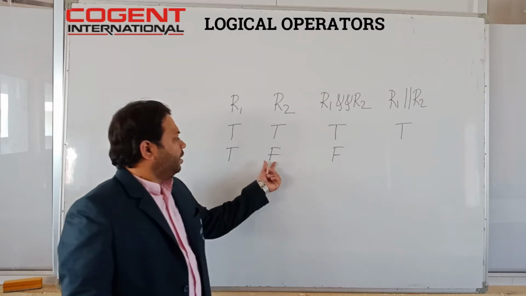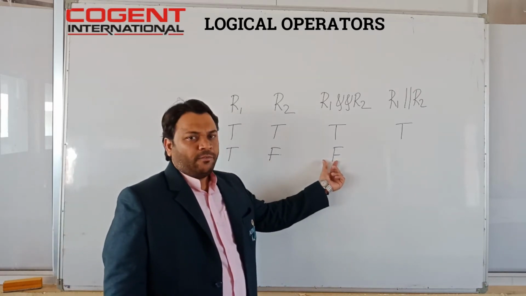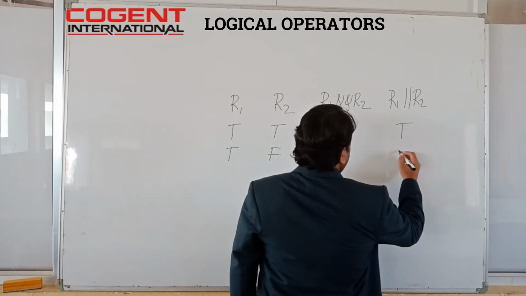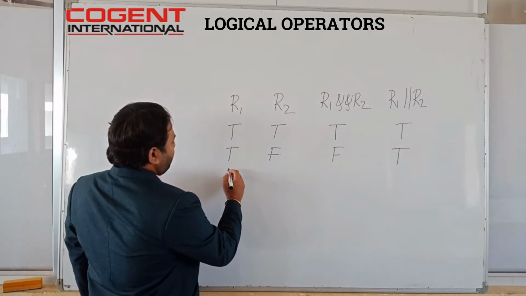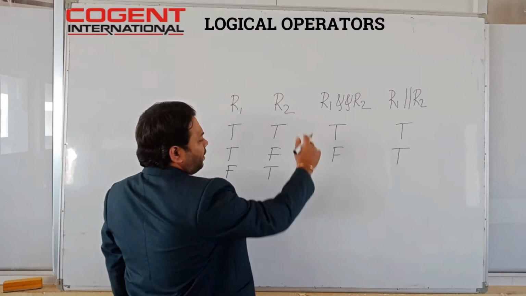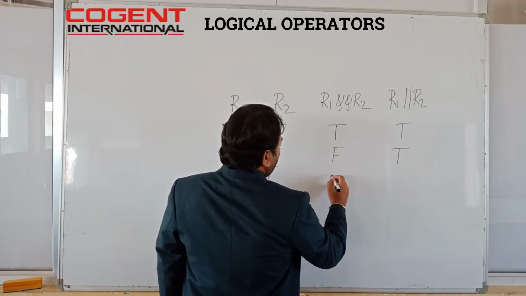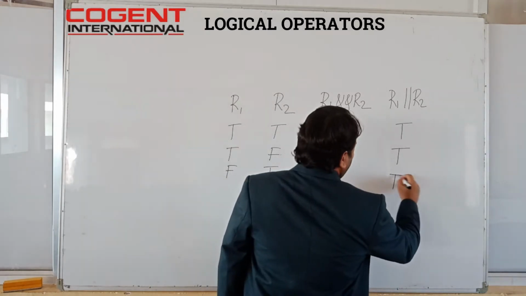If any one of the inputs is false, the logical AND will be false. Then logical OR will become true. If R1 is false and R2 is true, then the logical AND between R1 and R2 will be false, and logical OR will be true.